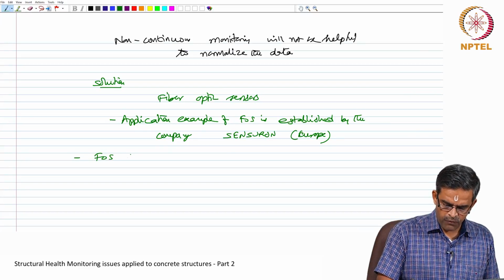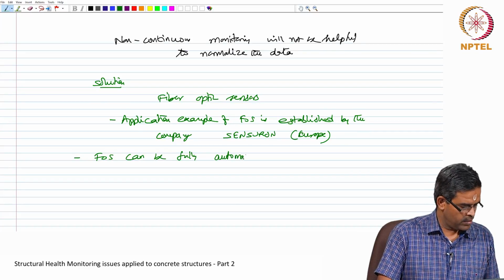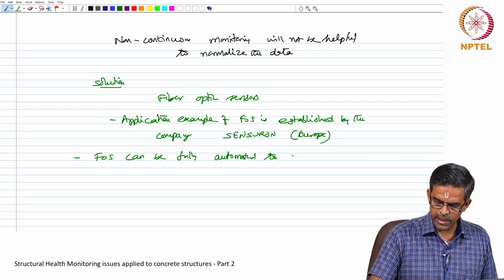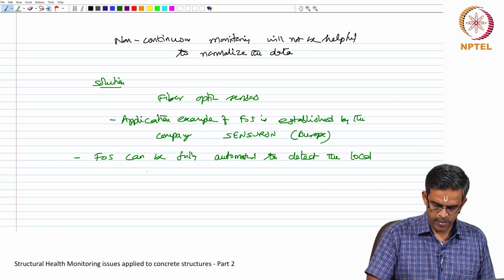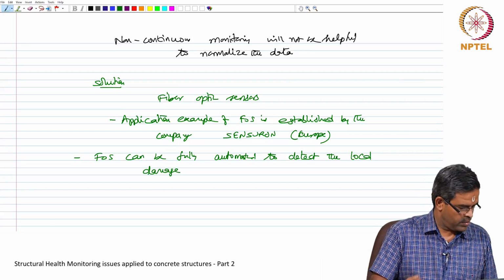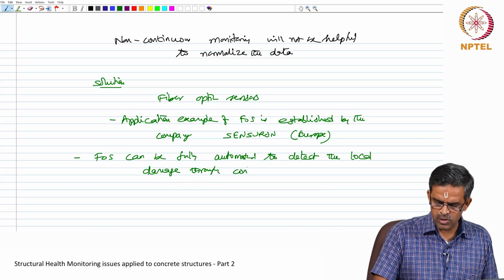Advantages are FOS can be fully automated, to detect the local damage, through continuous monitoring.